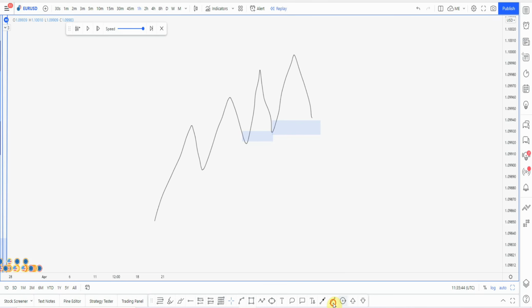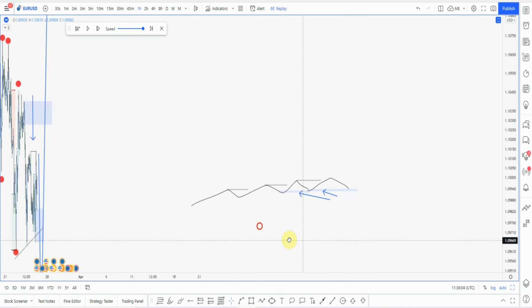They think, okay, market broke structure here, market again broke structure here, broke structure here, and market built order flow like here. Okay, when price is bullish.